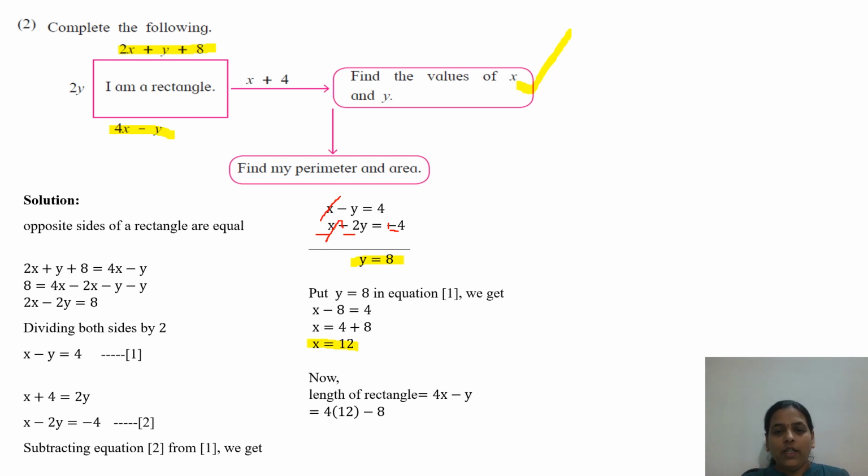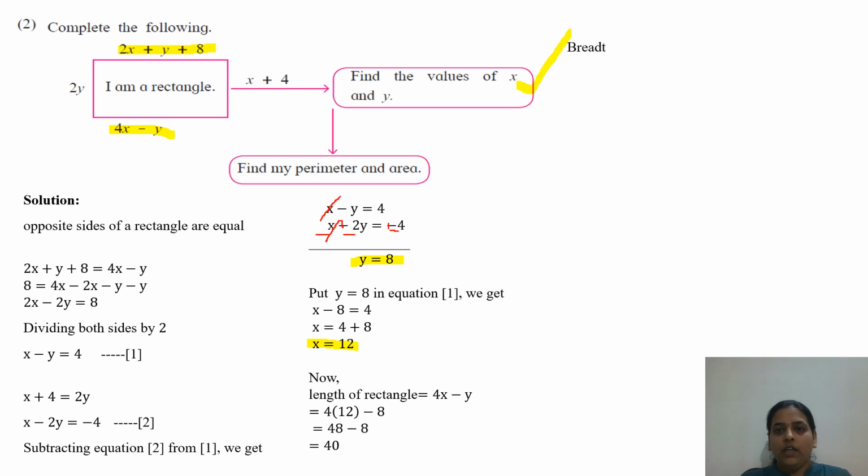So instead of x and instead of y, we want to put a value, that is x is equal to what? 12 and y is equal to what? 8. Clear? So instead of x and y, put the values. So 4 into 12 is what? That is 48 minus 8, that is your answer is what? 40. So length of rectangle is 40 centimeter.